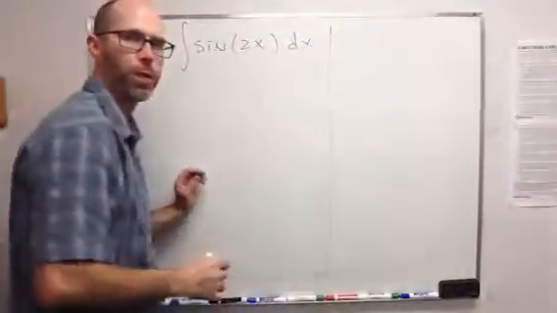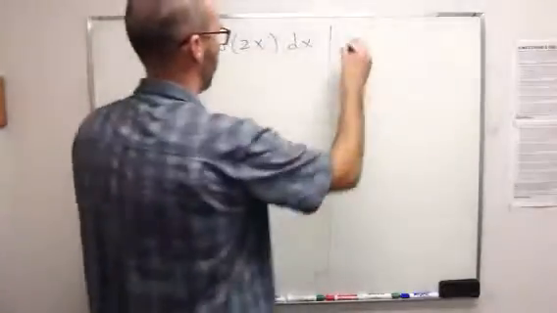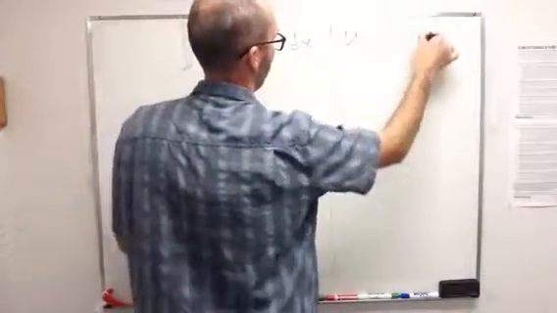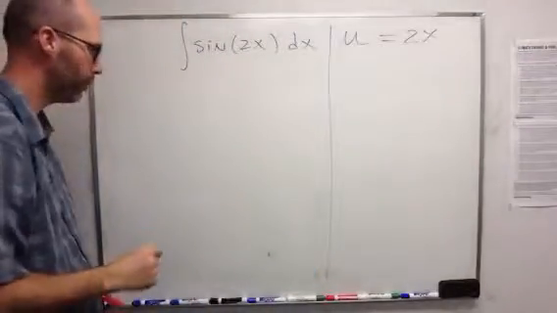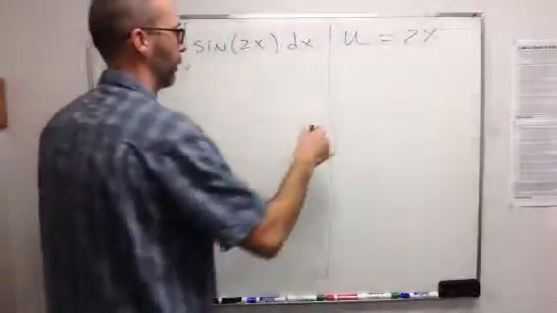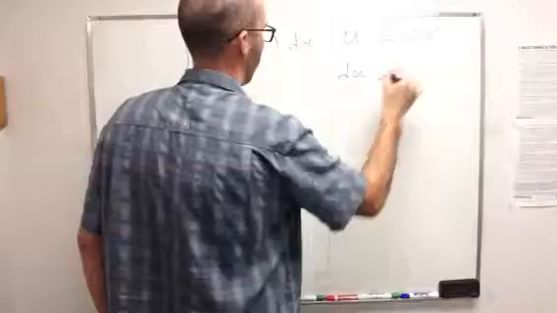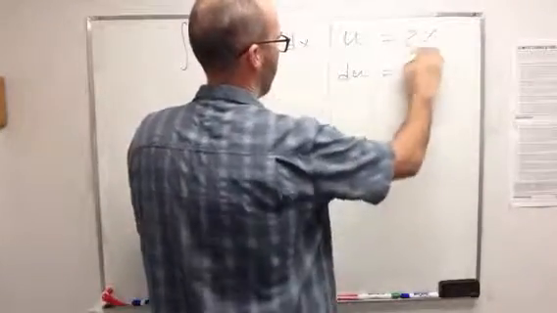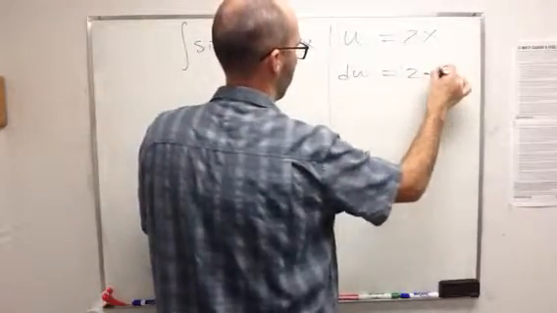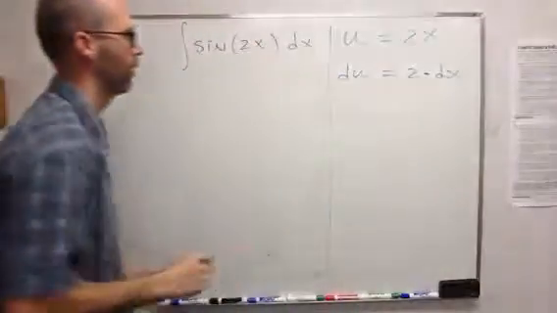In other words, we make a u substitution. We say u equals 2x. Then we take the derivative of both sides. So du equals the derivative of 2x, which is 2, tack on the dx.